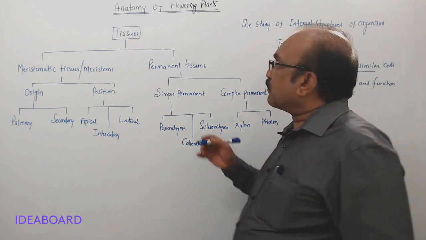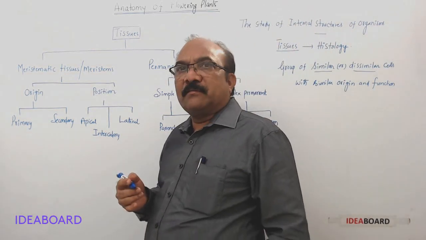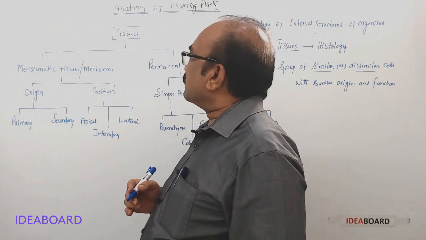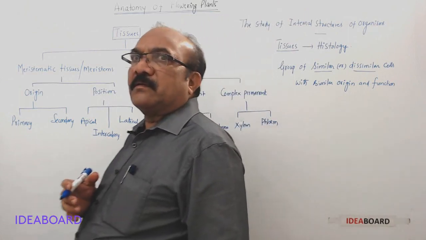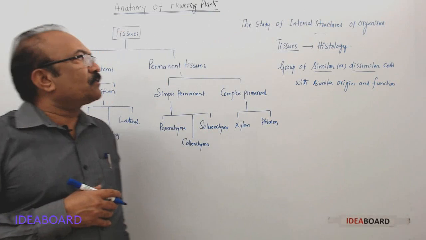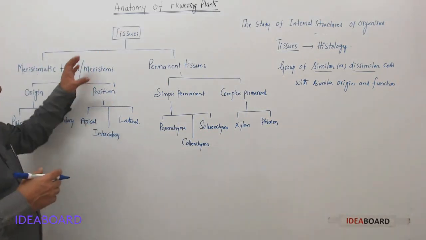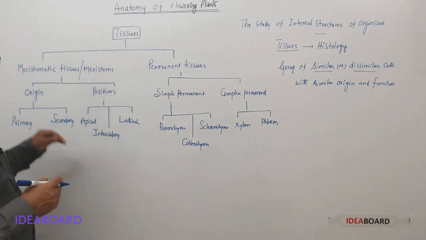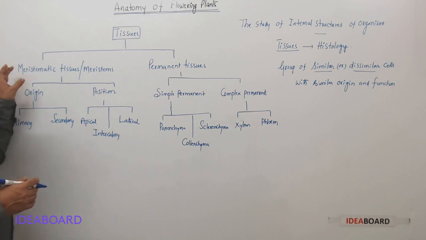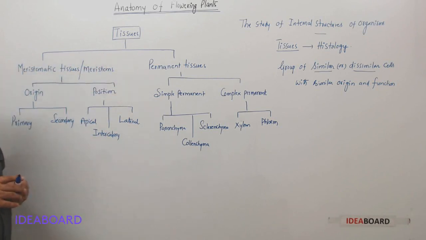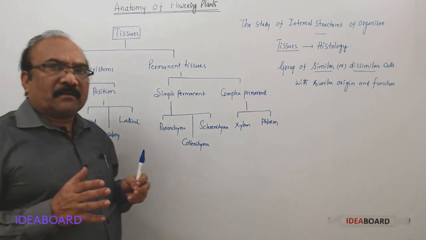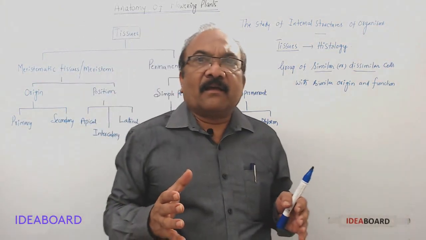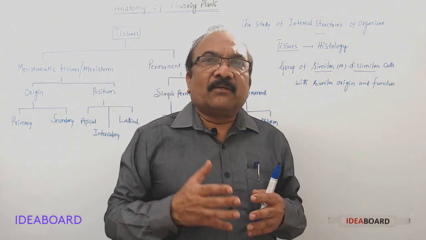And as we are talking about the tissues in flowering plants, the tissues basically in plants are of two types. There are meristematic tissues and permanent tissues. This is based on whether they have the capacity to divide or not.